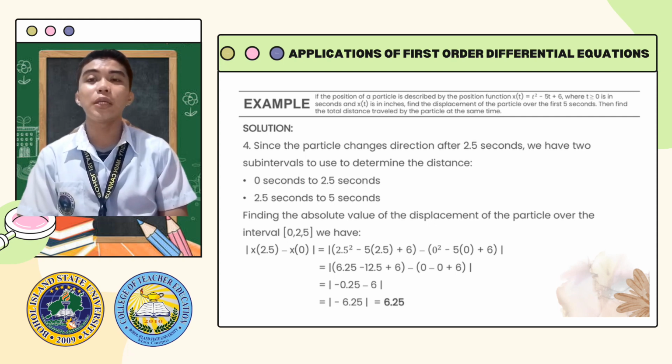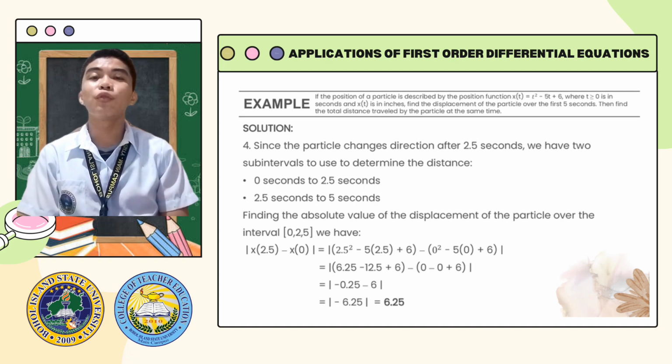Then simplify the equation. We get the absolute value of x(2.5) minus x(0) equals the absolute value of 6.25 minus 12.5 plus 6, minus 0 minus 0 plus 6. Then solve.